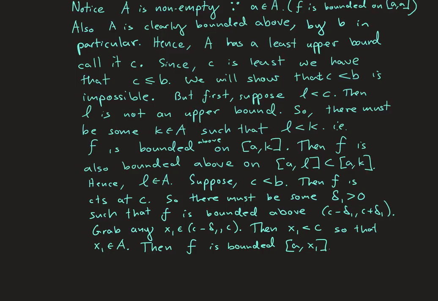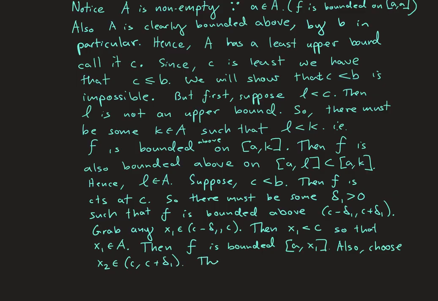But also, I'm going to choose an x sub 2 on the right side of this bubble, so to speak. So that would be from C to C plus delta 1.